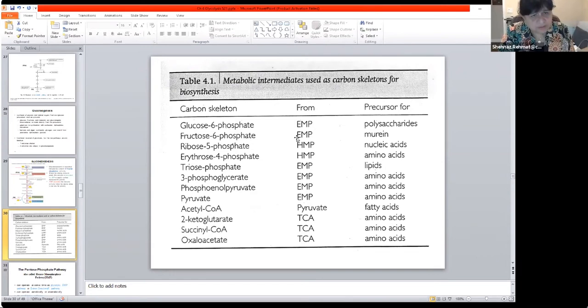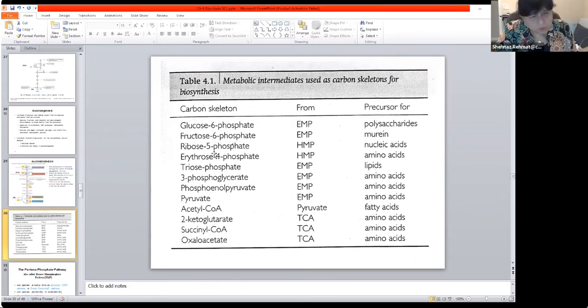These are not generated during the EMP, and the cell needs them for nucleic acid synthesis or amino acid synthesis. So this pathway can run at the same time as EMP, because these two intermediates are generated by HMP only.